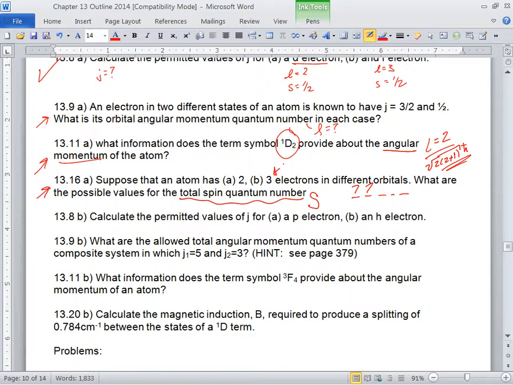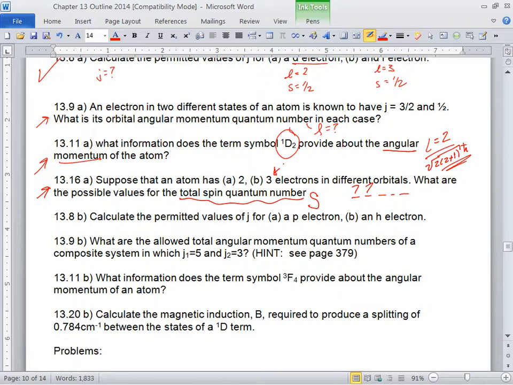Half, half, half. So couple the first 2, get your results, call it an S prime or something, and then couple those with a half again, and you'll have your answers. We did some examples of that last class period.